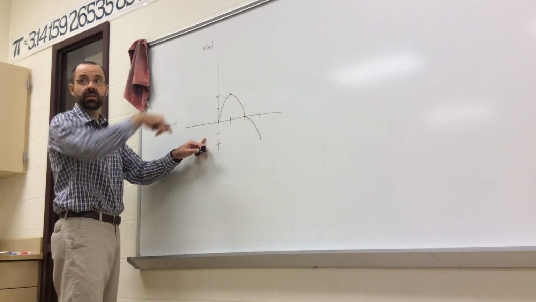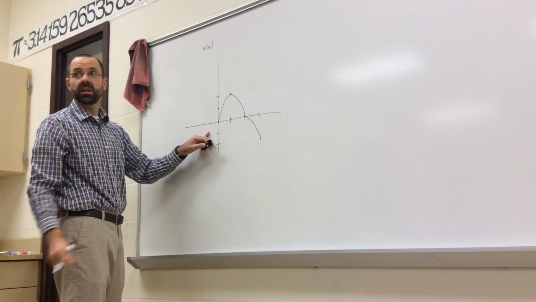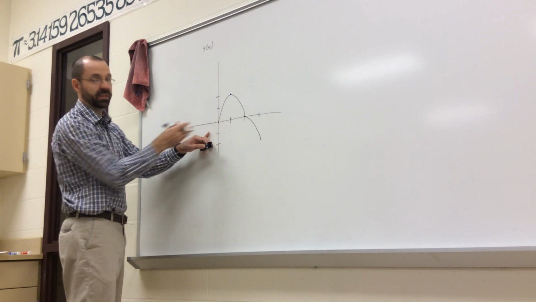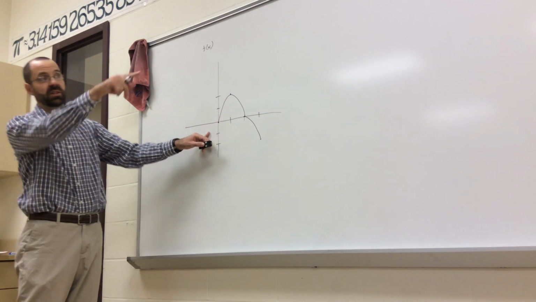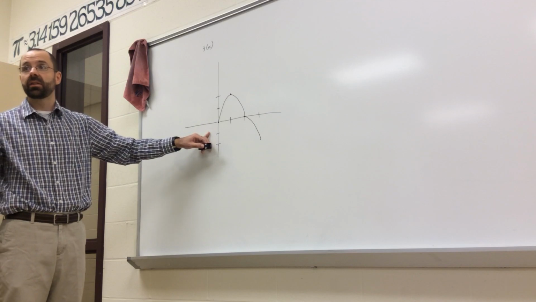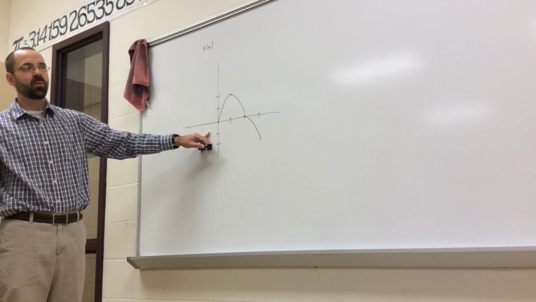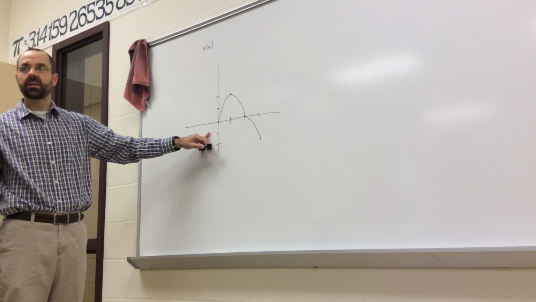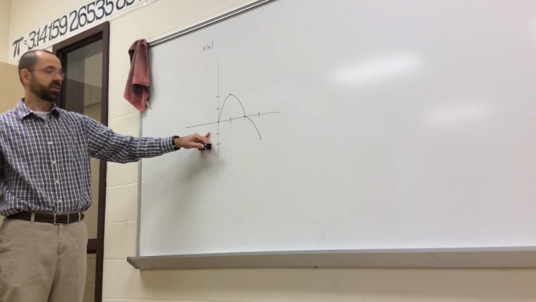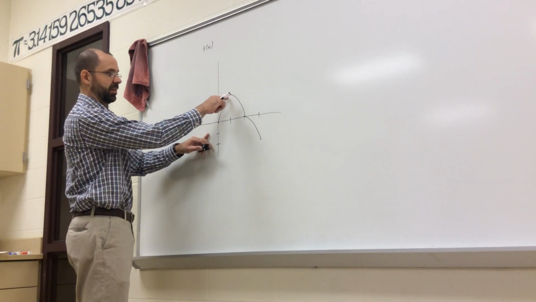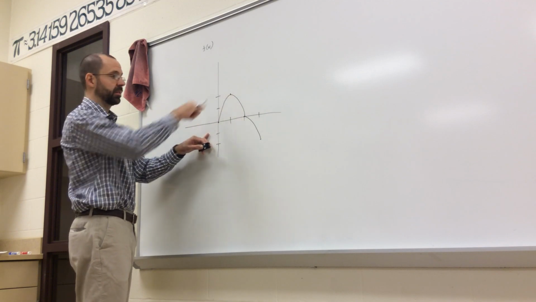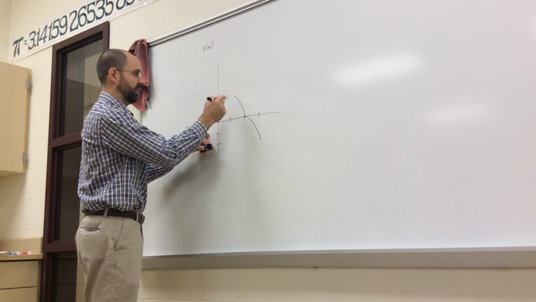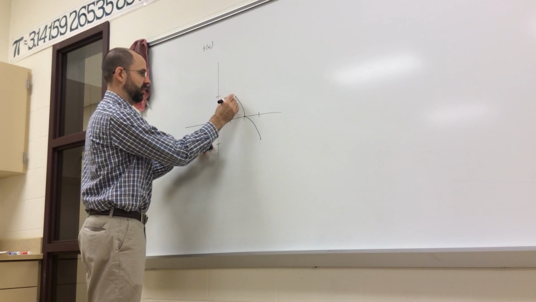Still concave down, still going up. At 0, I needed it to be a little less steep because my derivative was supposed to be 3. There. Okay, now what's the derivative supposed to be at 1? 0. So as long as that's smooth in there, maybe I could clean it up a little bit, but I want it to be a 0 slope there.